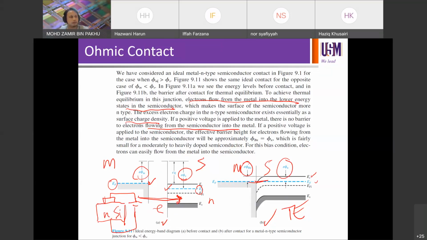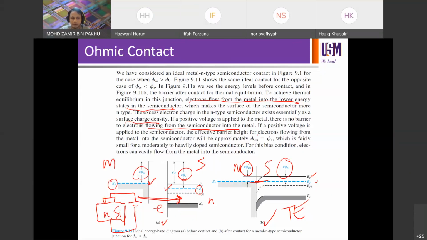So when you want to discuss the flow of carriers from either side, you need to look at on which material, metal or semiconductor, the bias is applied. You have to look into the direction of the bias, whether it is applied on the metal or the semiconductor.